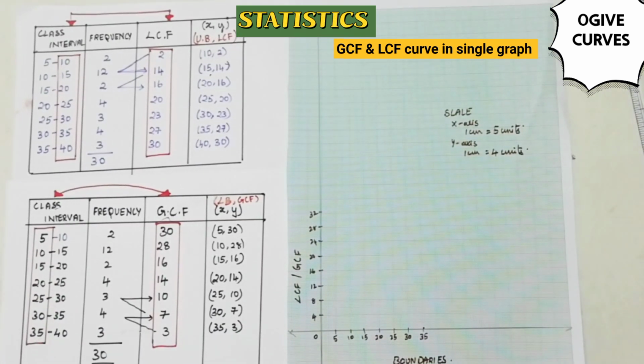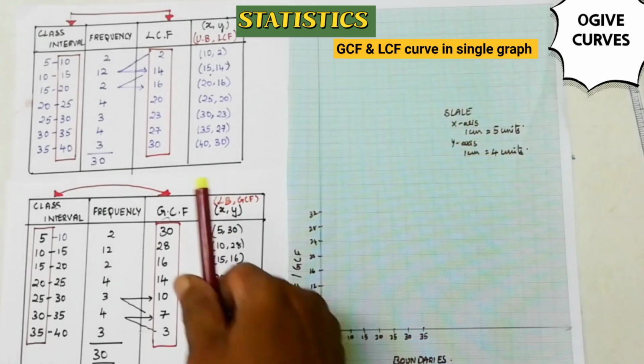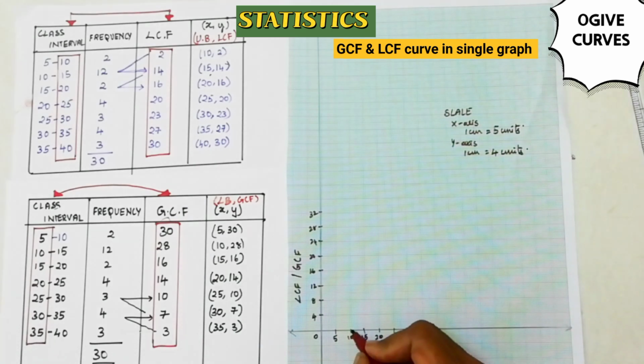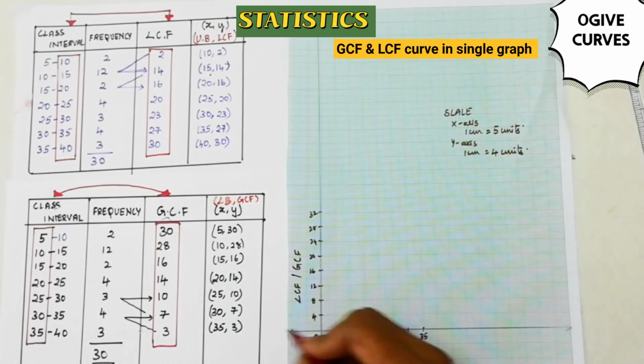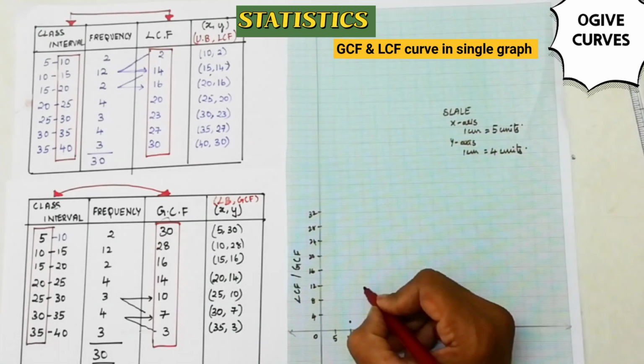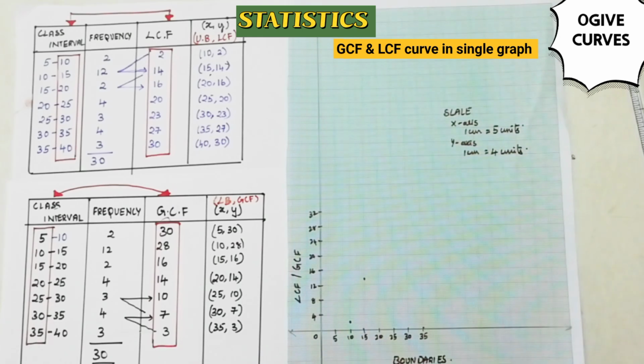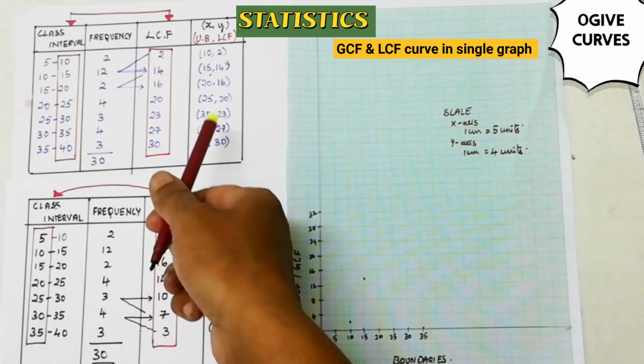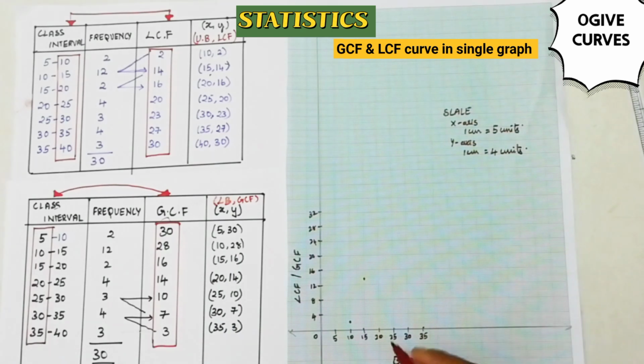Now let us try to plot both the graphs in same single graph sheet. Then we can easily plot it as LCF points are 10, 2, 15, 14. Then we go on with 20, 16. First one, LCF I am plotting.